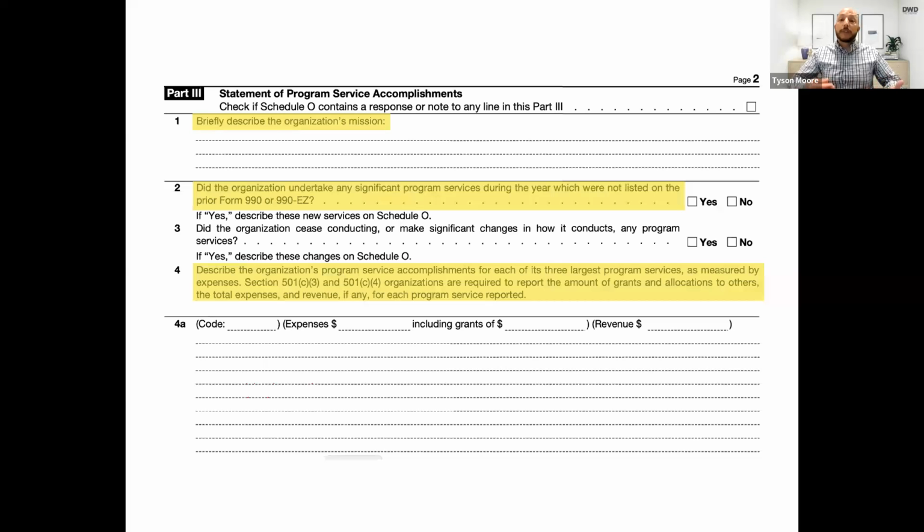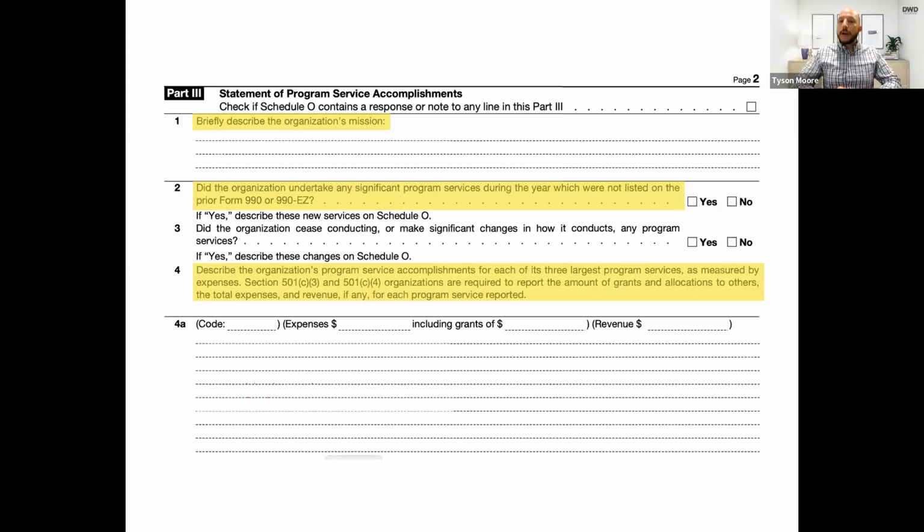Now it might be years later and you're changing up those programs. The IRS didn't really approve those initially. That's why they're asking here if you made any changes during the year. They want to know what those changes are. By reporting them to the IRS and them accepting your 990, they're basically accepting those changes.